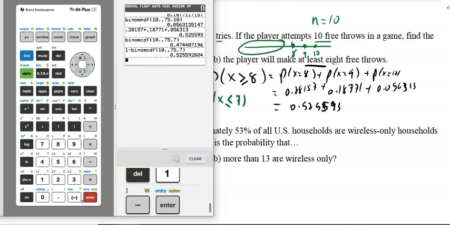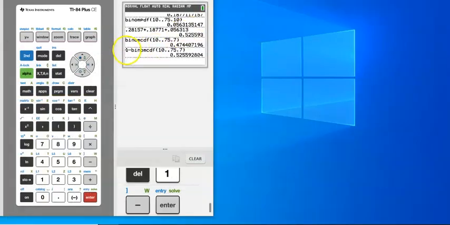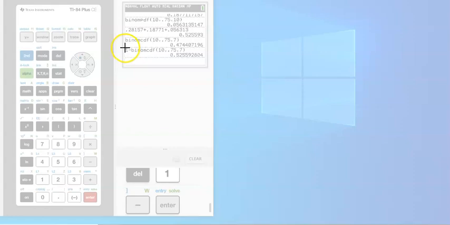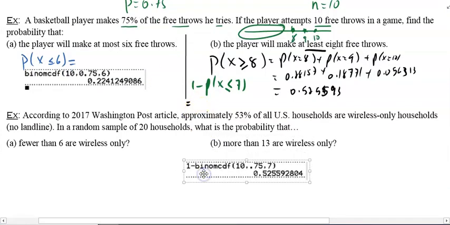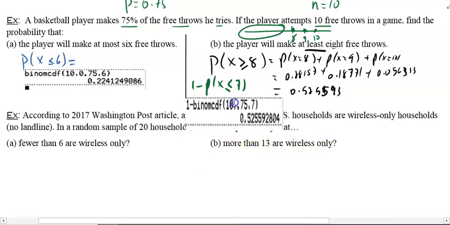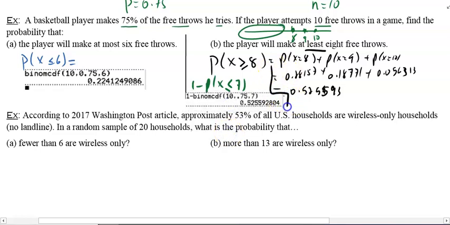And what do you notice? And this is a lot more efficient. You do get the same answer. What's the point of doing all of this work?